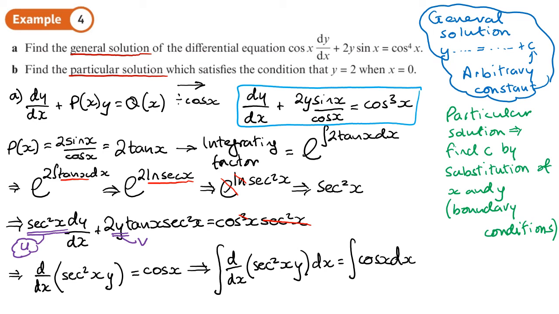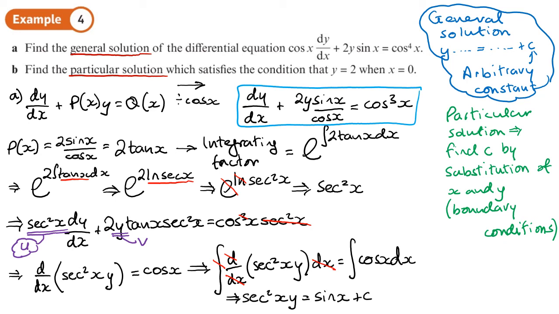And then we know that on the left hand side the integration and the differentiation cancel out, just leaving sec squared x y, and cos integrated is going to be sine, so sine x plus c.